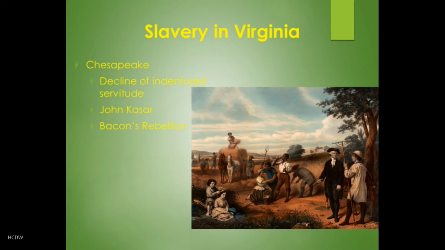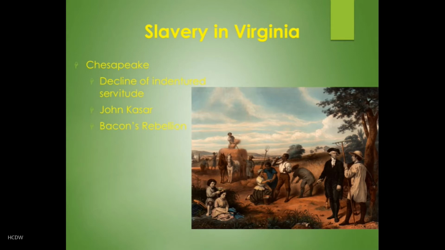When we think about the decline of indentured servitude, conditions in England began to improve, so fewer and fewer people were willing to sell themselves into servitude for passage across the Atlantic. And so in a sense, the supply of indentured servants began to decline. And as I mentioned a couple of times previously, in 1660, England took control of the slave trade from the Dutch. And so African slaves at that point become a cheaper option, and the supply of African slaves began to grow.